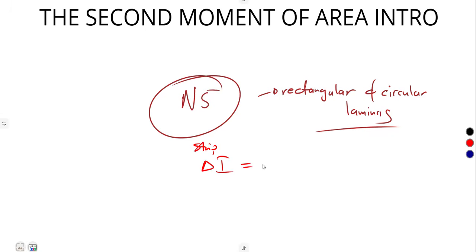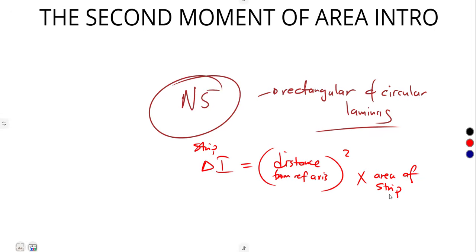And you say this is going to be the distance squared, which is the distance from the reference axis. You square that distance, then you multiply by the area of the what? The strip, which is the area of strip. Remember that.